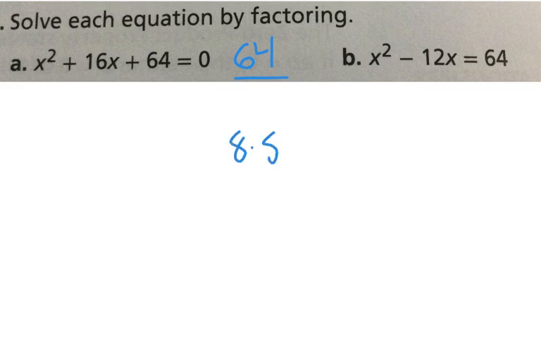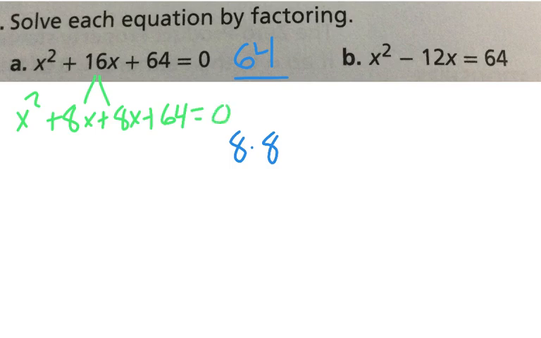We could go through the whole list. I'm trying to save us a little bit of time. You do 1 times 64, 2 times 32, and so on. So I can rewrite 16 as 8 and 8. So this is x squared plus 8x plus 8x plus 64 equals 0.